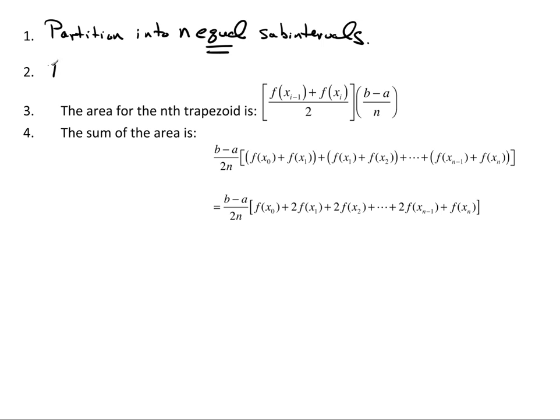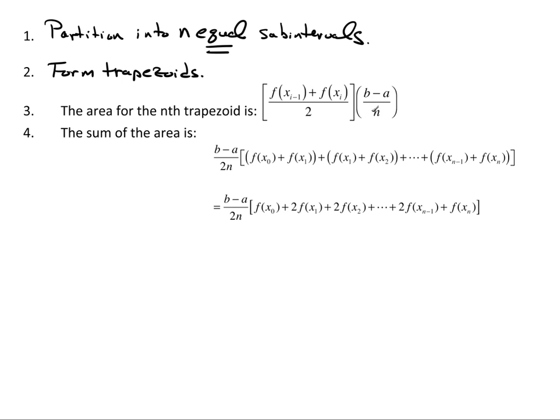Then I'm going to form the trapezoids. Now the area for the ith trapezoid is going to be equal to f of x sub i minus 1 plus f of x sub i, divided by 2, times b minus a over n.